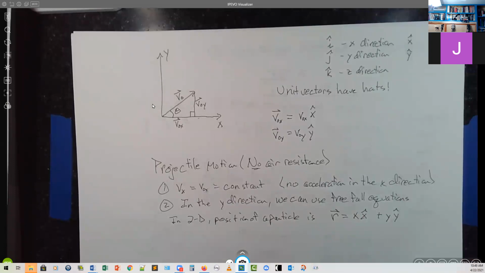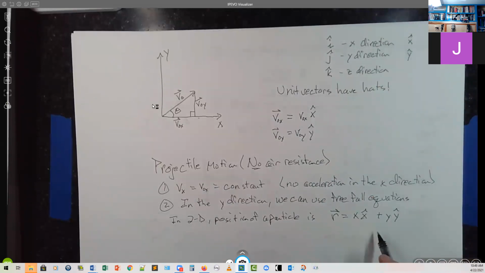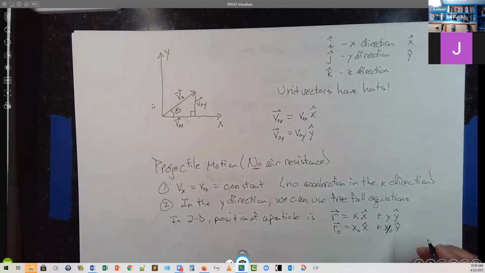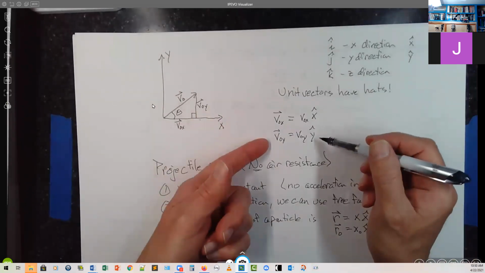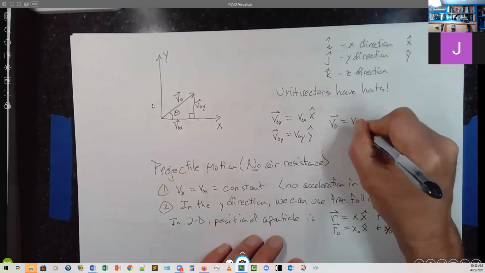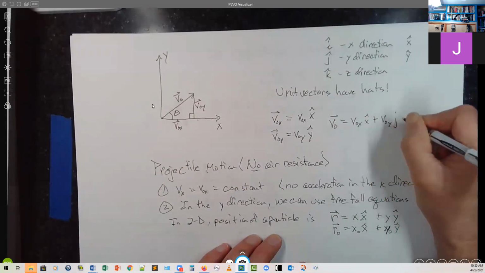It's hard for me to resist the temptation because I usually teach this in the engineering physics class where we do use i hats and j hats. So we'll have that. R naught could be the initial position in the x direction plus, this should be a y naught, initial position in the y direction, and so forth. And we already have an expression for v naught here. V naught I can write as v naught x along x hat plus v naught y along y hat.